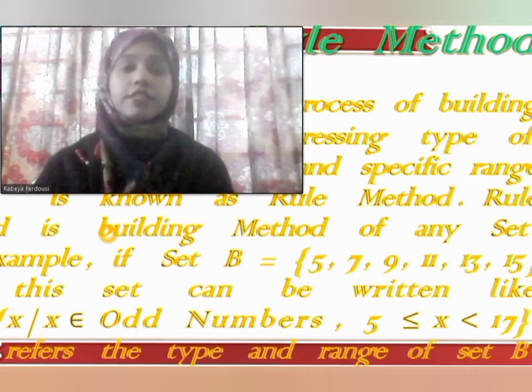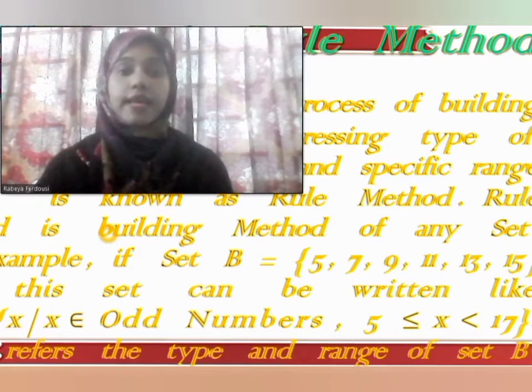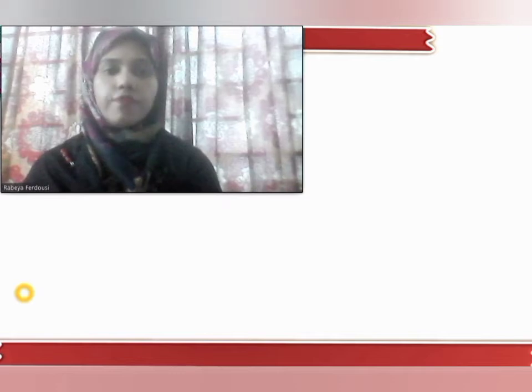Here, odd numbers are actually unpaired numbers. Besides, this rule method of set B obviously refers the type and range of all elements that belong to set B. Now, we will solve example 1 from your textbook.